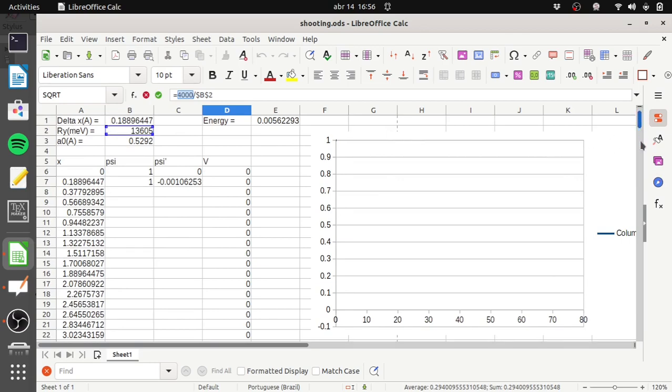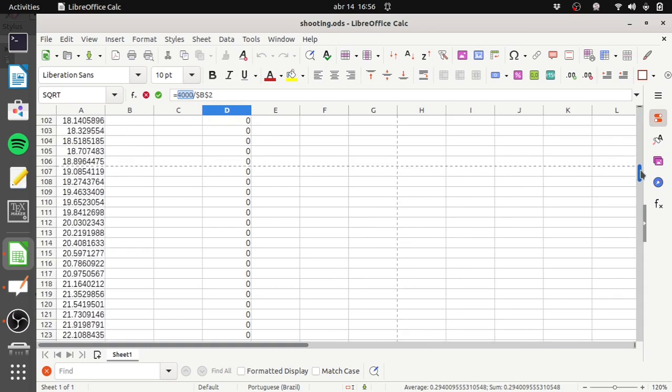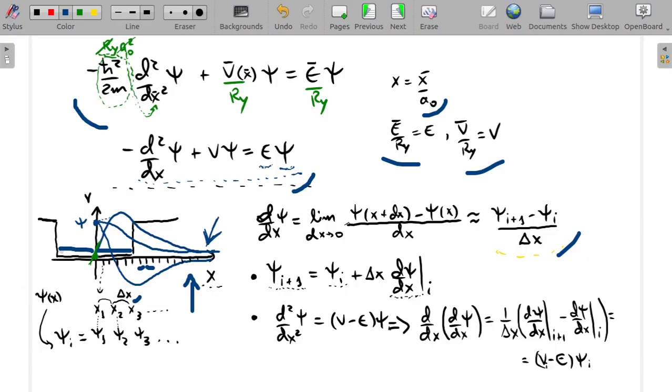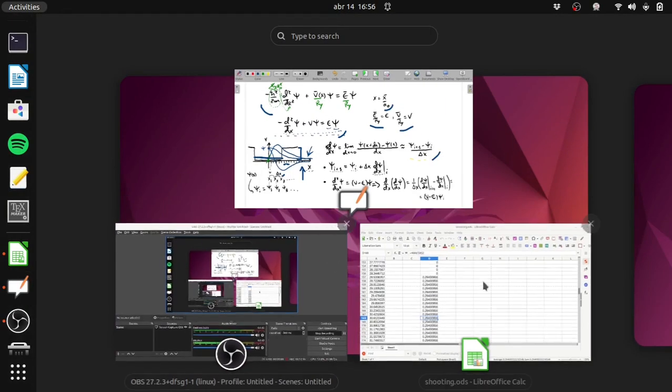So this is the height of my quantum well, okay? What I'm saying with all this calculation, and then I just repeat the formula everywhere, is that this quantum well has 30 angstrom of width and 4 electron volts of height. Okay, that's what I'm saying here.